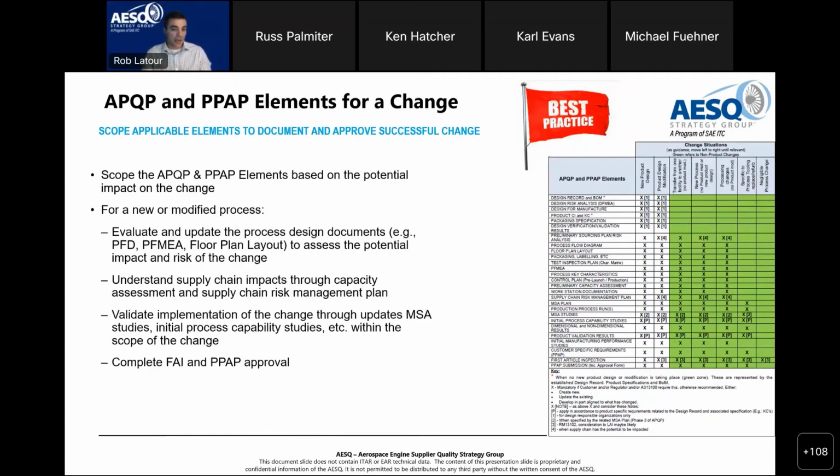And it's important to think of these in terms of what is the real risk, right? The intent of what we're trying to do here is understand our risks and properly mitigate those risks as we go through this. As we're putting together these plans and we're executing the elements, there's a tendency to want to move quickly, right? We're making a change, we're trying to get the benefits of that change as quickly as possible. There may be a quality improvement, a cost improvement, maybe we're struggling with delivery, or maybe we have a customer complaint that we need to address as quickly as possible.